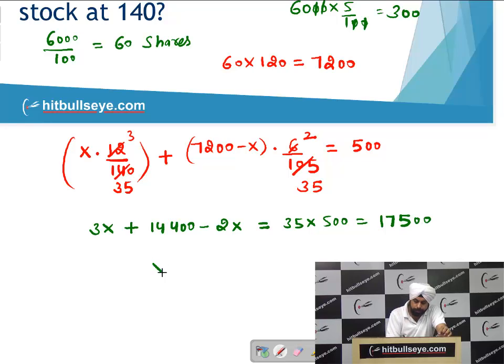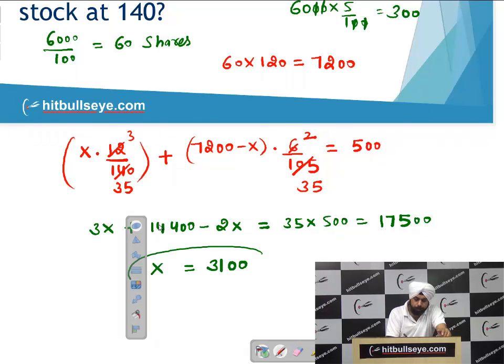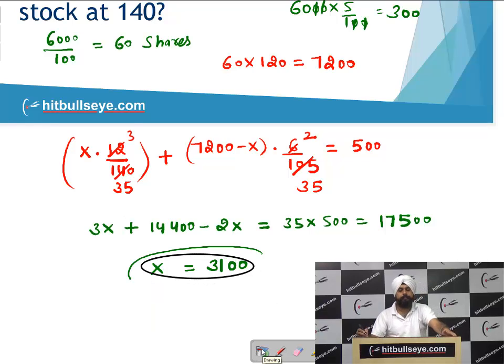You just solve this, students. X happens to be equal to 17,500 minus 14,400, that is 3,100. As we already took that sum of money which was basically invested in 12% stock only, this 3,100 will straight away become our answer. Right, students? So answer becomes 3,100.